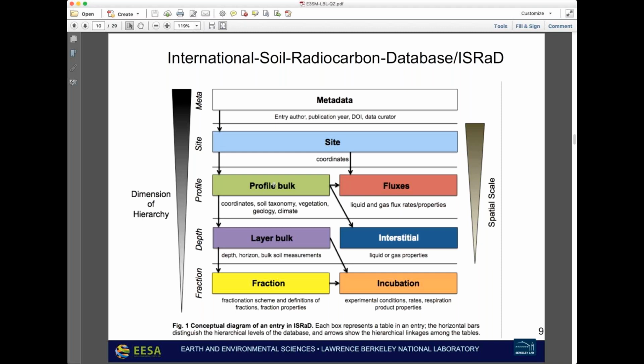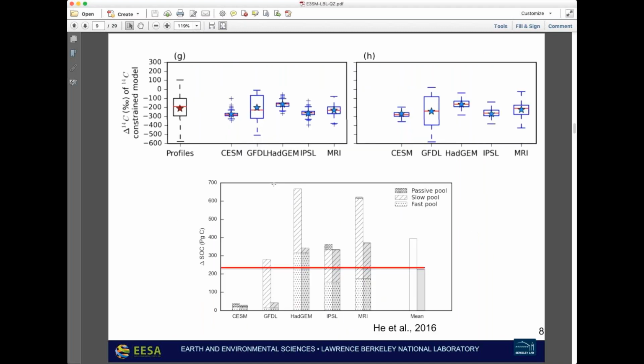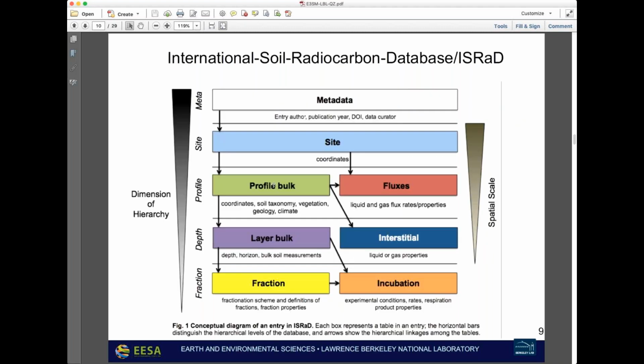The database is growing and free to use. So the question is, with this fast-growing 14C database, how can we make use of it to better constrain our model, the ECSM land model, and maybe potentially also other Earth system models.